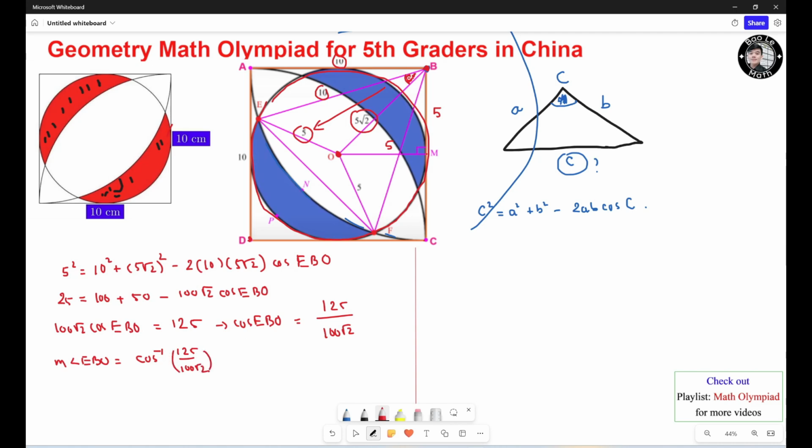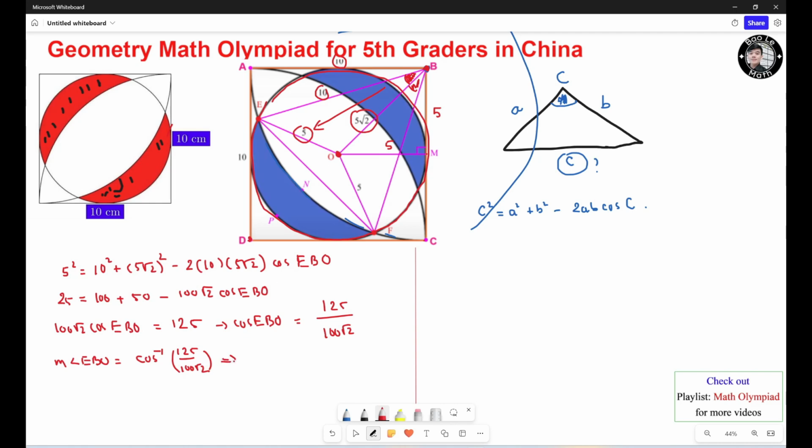Now, since triangle EBF is an isosceles triangle and OB right here is the angle bisector, this angle must equal this angle. So in order to calculate EBF, you need to take EBO multiplied by 2.